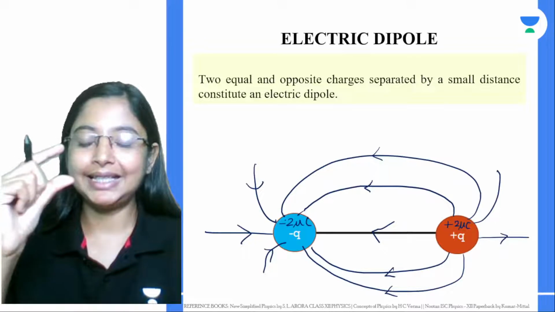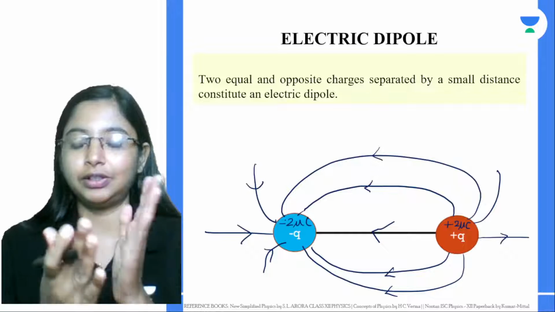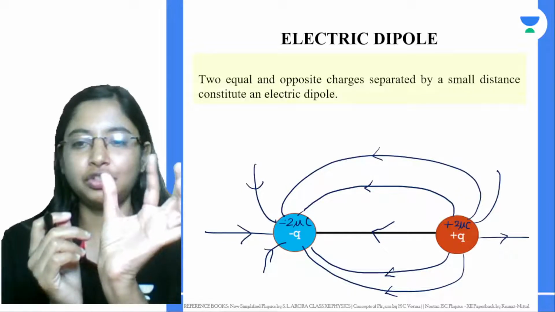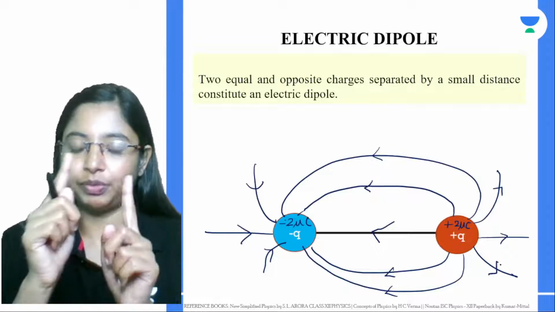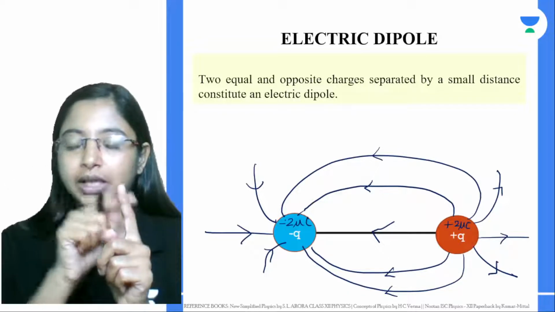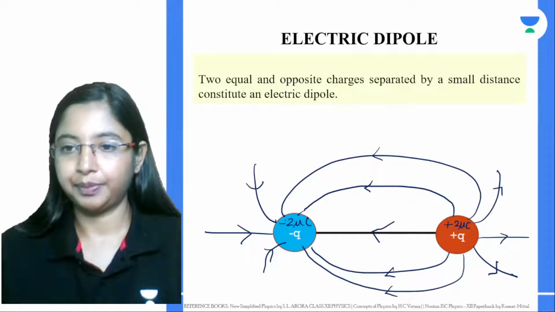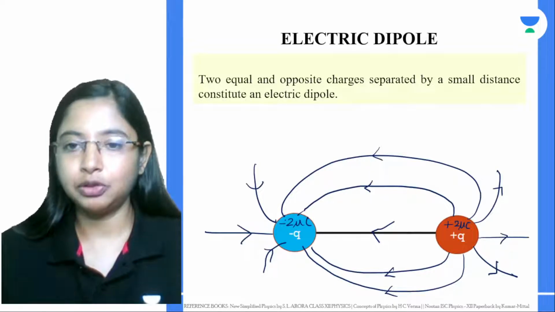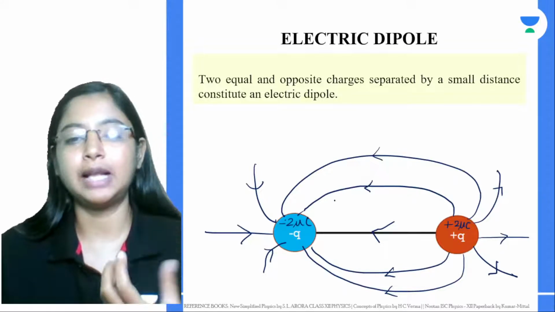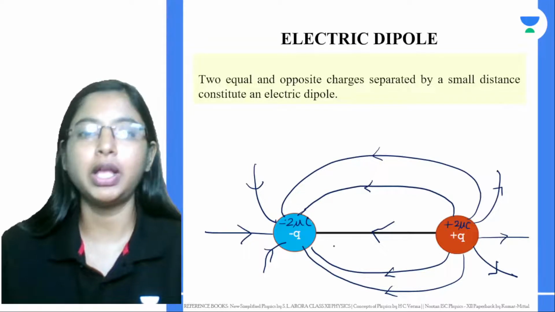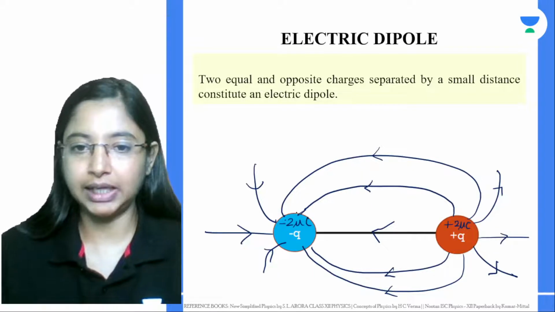There's a small shift between the centers of their charges, and because of that the molecule becomes an electric dipole. Electric dipoles do exist in nature, and studying the properties of these dipoles helps us understand those molecules.